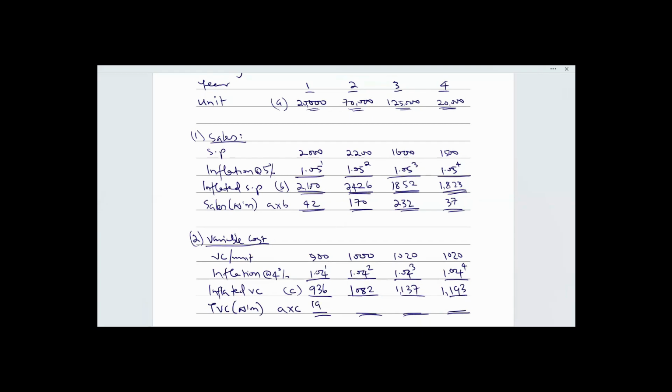That's 19 million, rounding. Next. 70 multiplied by 1,082. 76 million.